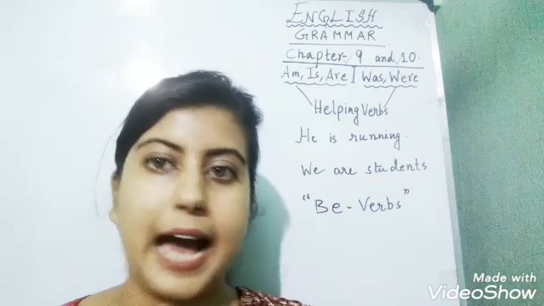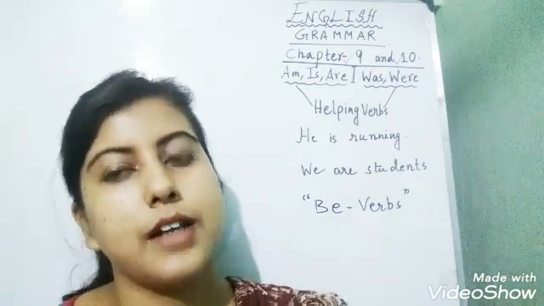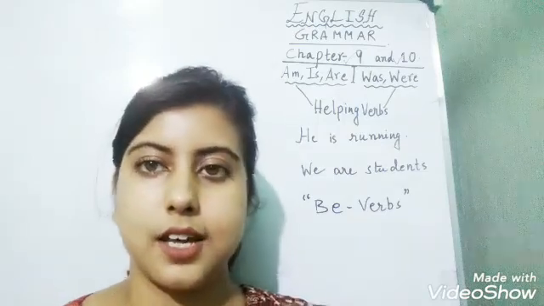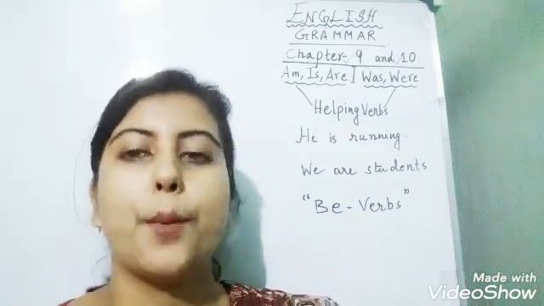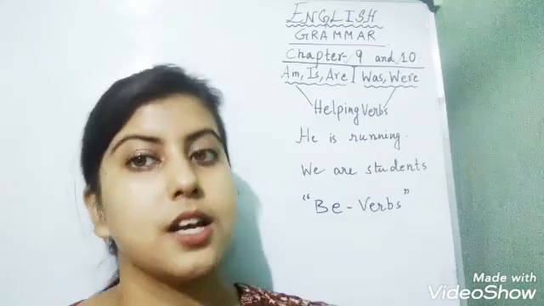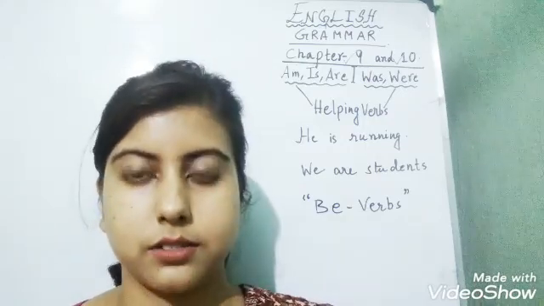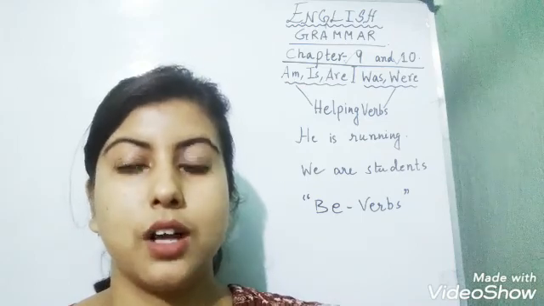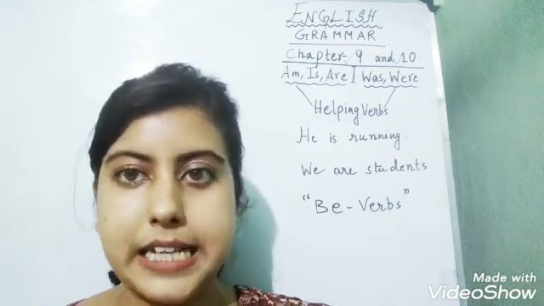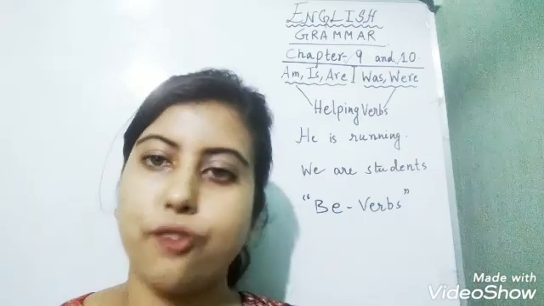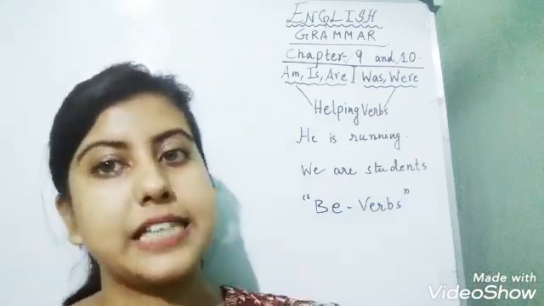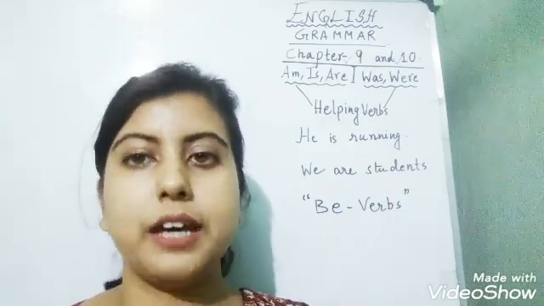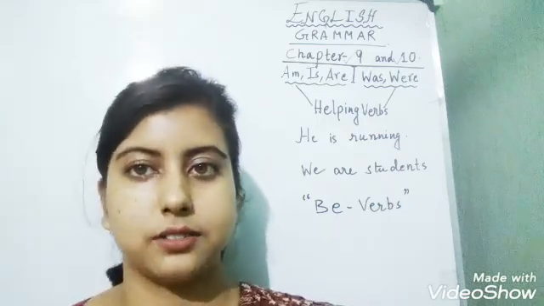Now you have also learned about tense, present tense and past tense. In these chapters, we will learn about some verbs and their past and present tense forms. So, it is going to be very interesting.